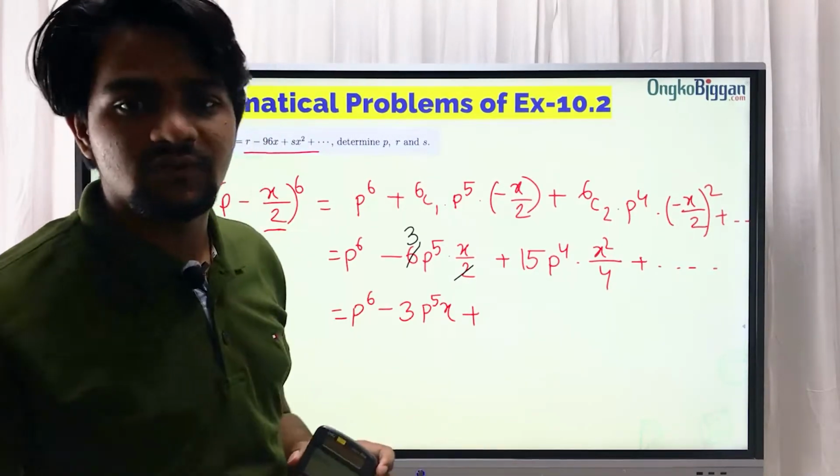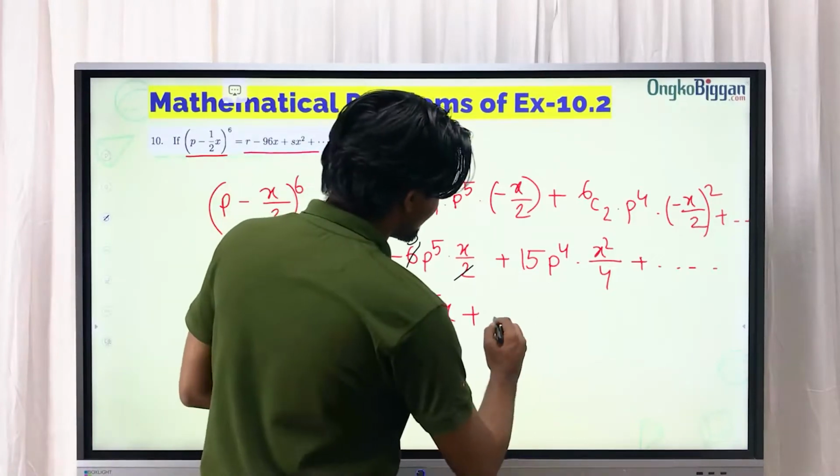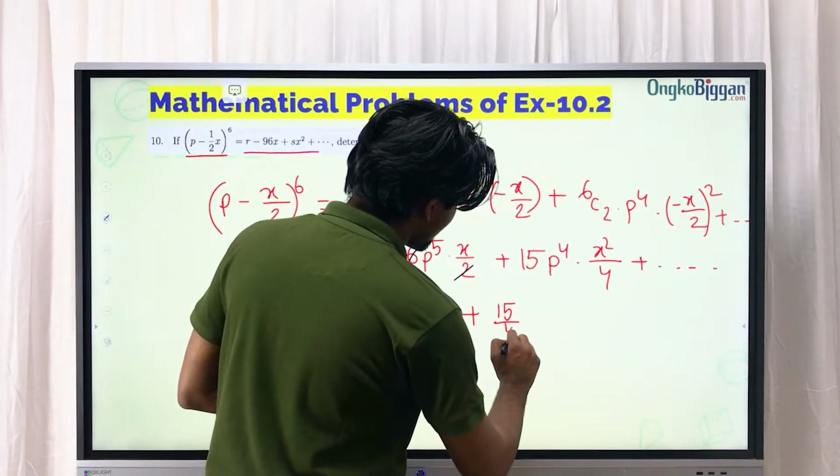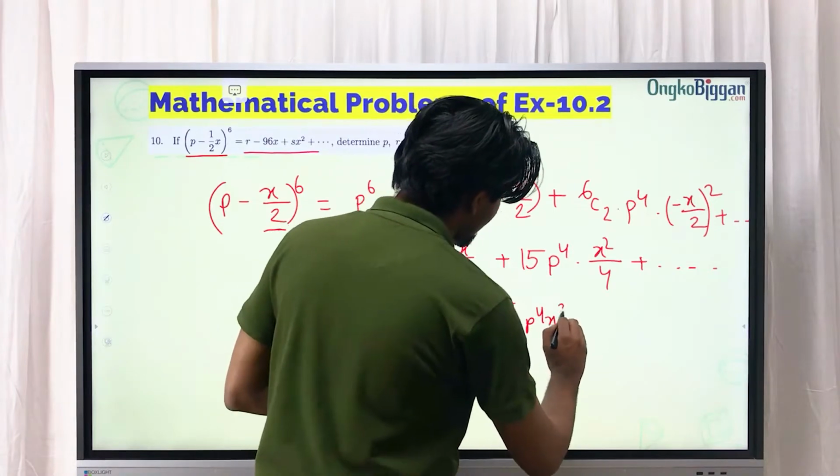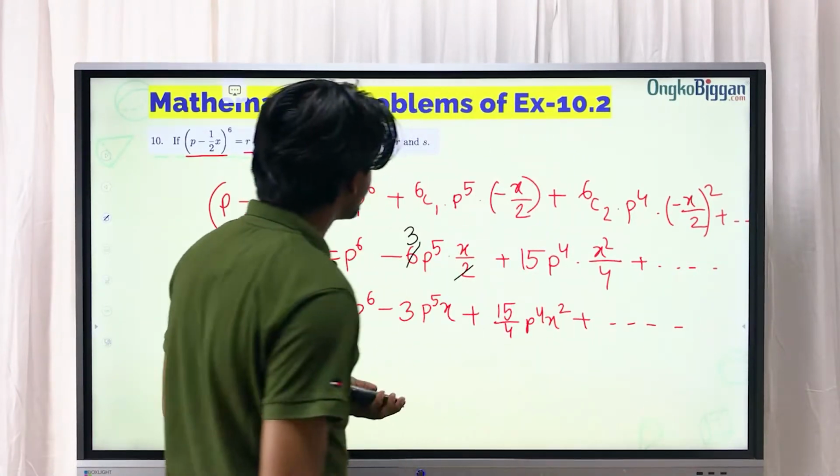There is nothing we can do about 15/4, so it's going to be directly 15/4 p^4 x² plus dot dot dot.